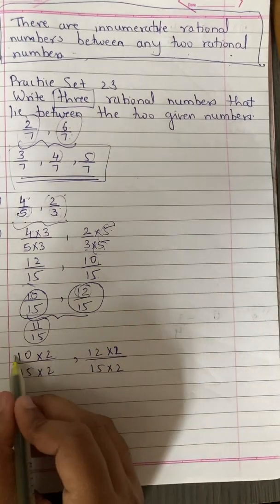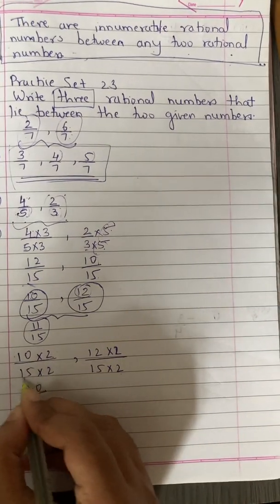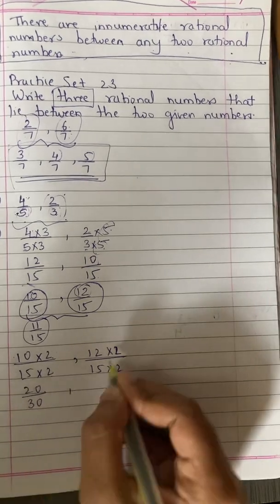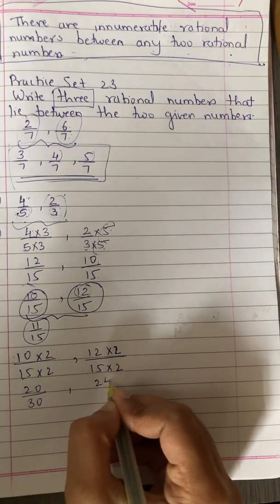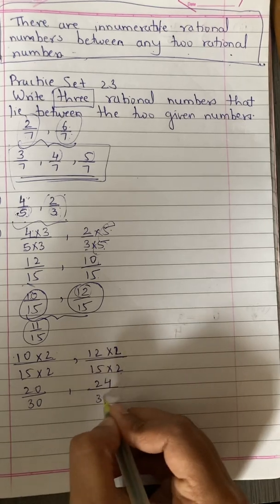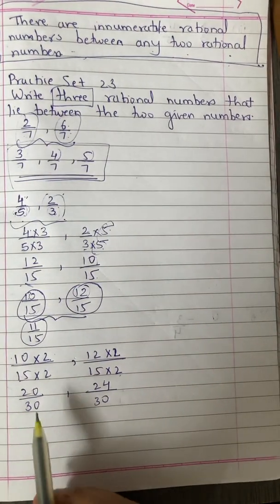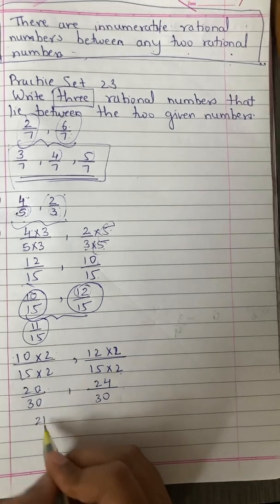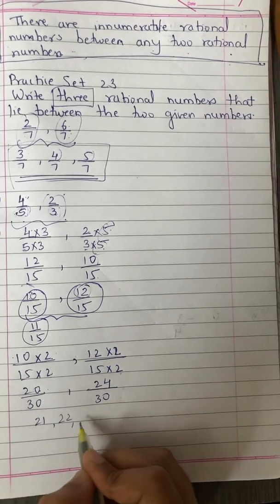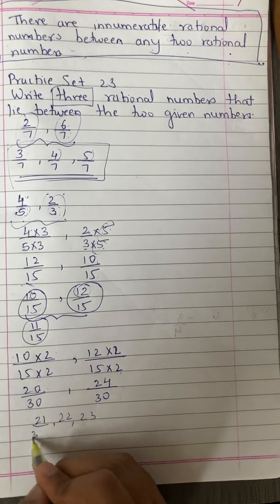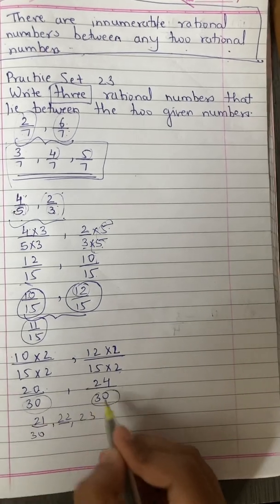Okay, so 10 2s are 20, 15 2s are 30, 12 2s are 24 and 15 2s are 30. Now between 20 and 24 you will find how many numbers? 20 के बाद we have 21, then we have 22, then we have 23. Divided by 30 only, we have to write on the same denominator.